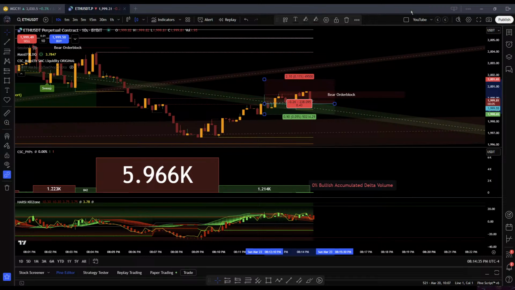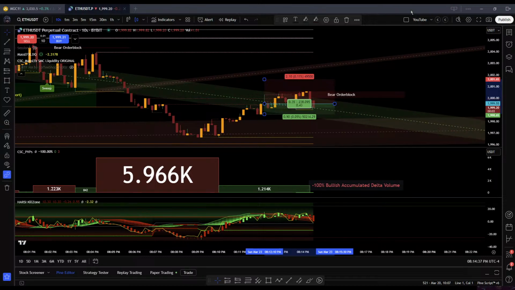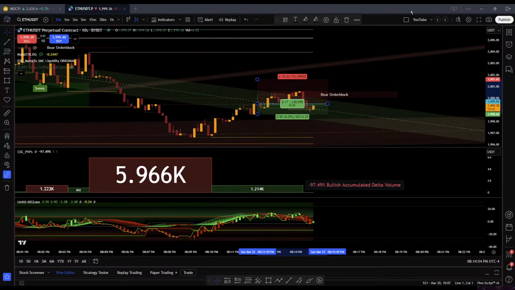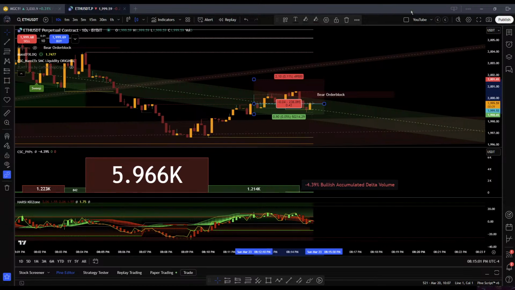The downtrend began a little while after 1200, and it ran all the way up until just around 1500. That's when the downtrend ended.